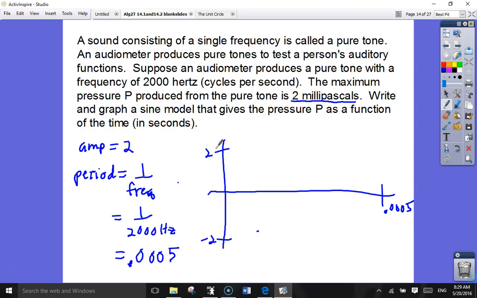And I guess the one thing that we didn't get out of this is that if we're going to write the equation, we need to know the b. I'll do it the other way. Frequency is b divided by 2 pi equals 2,000. So that means the b is 4,000 pi.